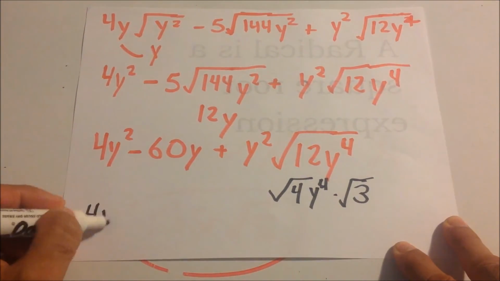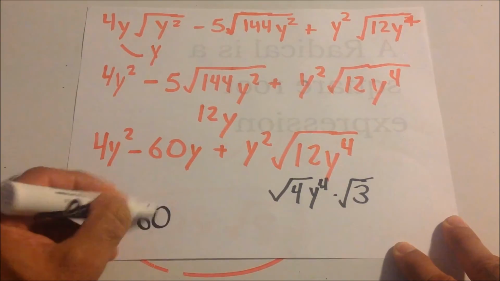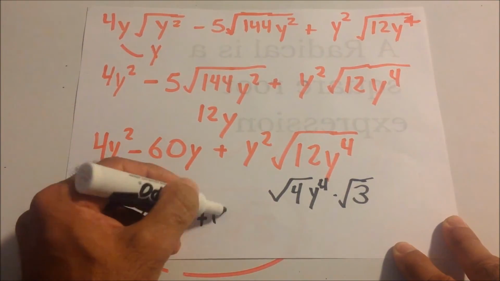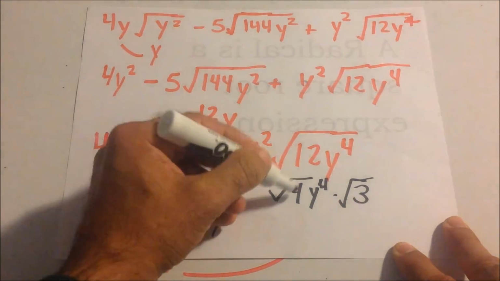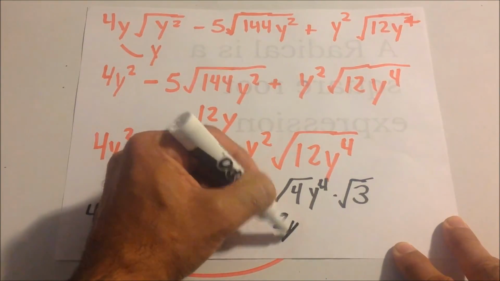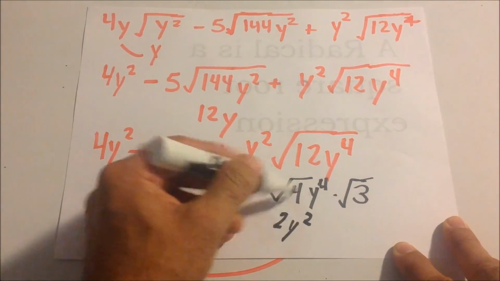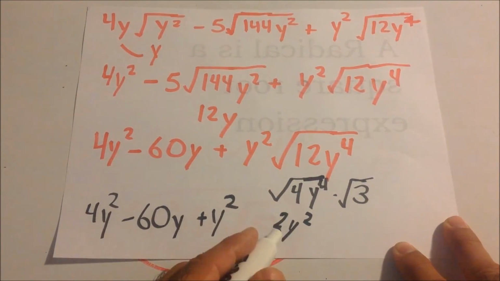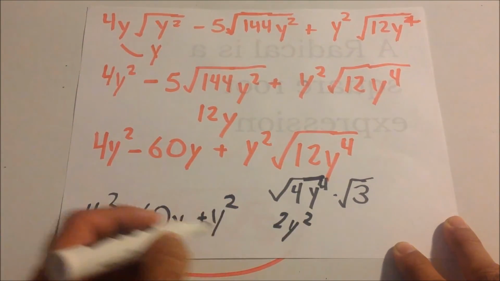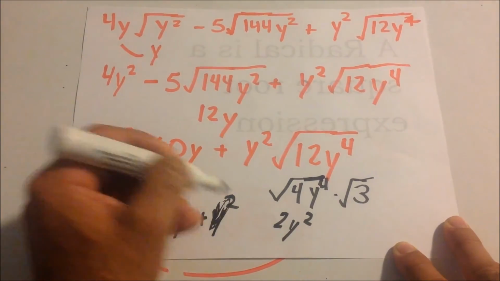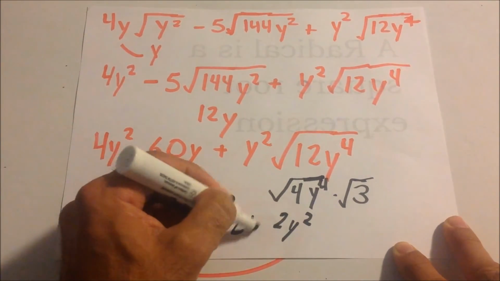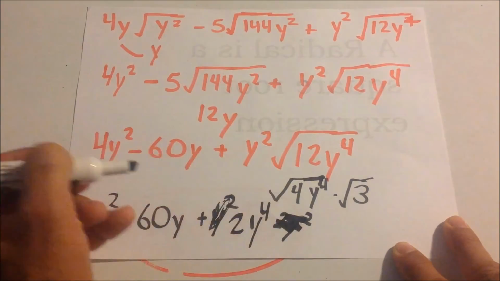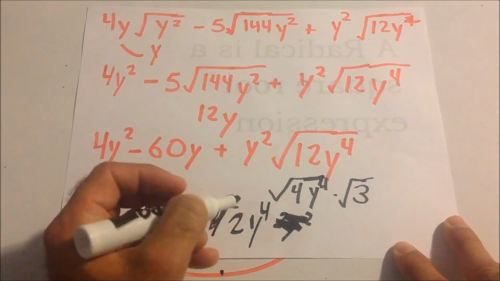So we would have 4y squared minus 60y plus y squared, and then this 2y squared, right? The square root of 4y to the 4th is 2y squared. So this wouldn't be y squared. It would actually be 2y squared, right? And then we'll have the square root of 3.